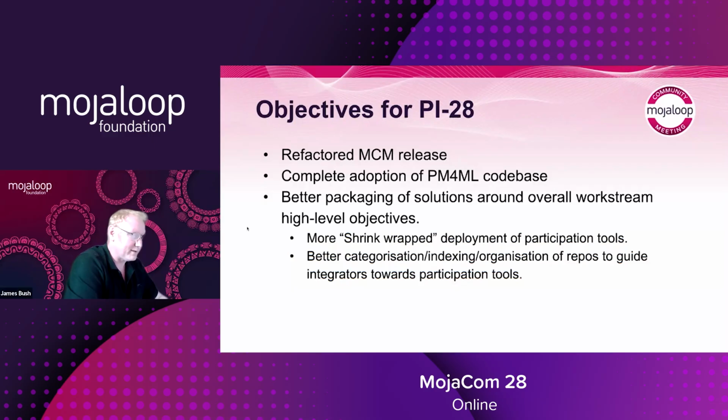That's improving, but we're going to spend some more time trying to figure out how to do that. One of the things we've been looking at is a categorized index of repositories. Those of you who spend time in the Moduloop GitHub org will notice that there are over 200 repos there now. We're doing our best to rationalize that and make it easier to navigate and find the code that you need to solve your particular problem.